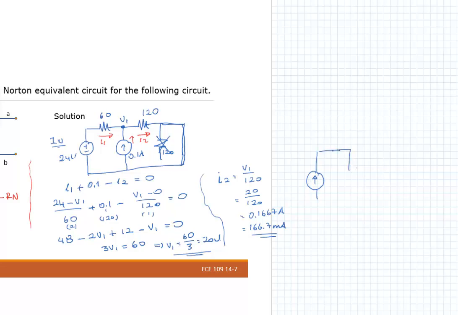Then we're gonna have one parallel here resistor. Then current source is 166.7 milliampere. Resistor value is 72 ohms. This is A, this is B. And done in this question.